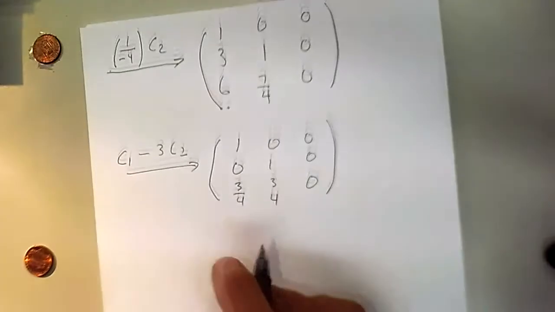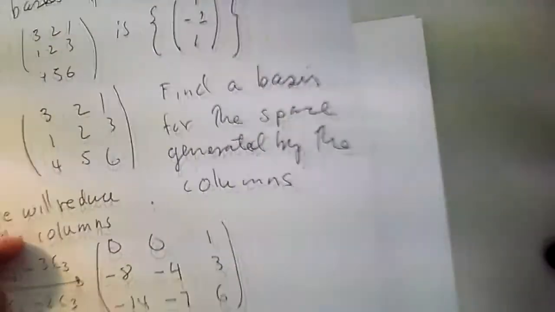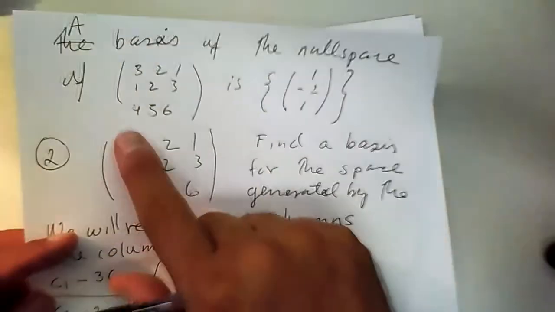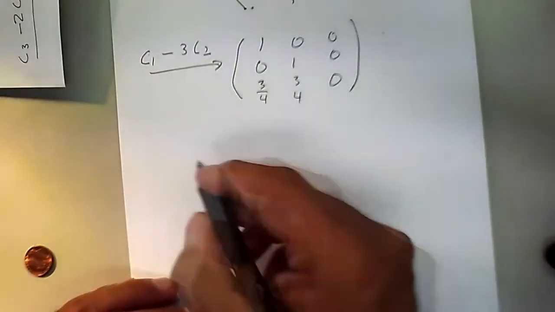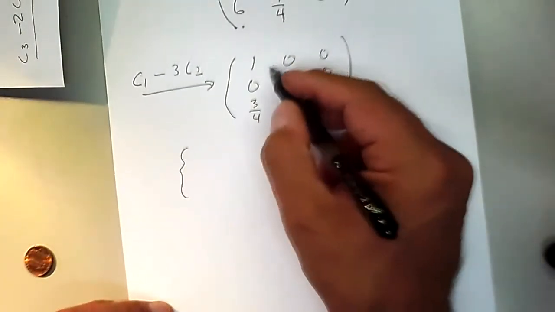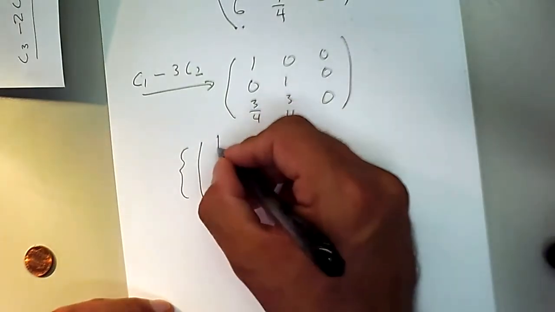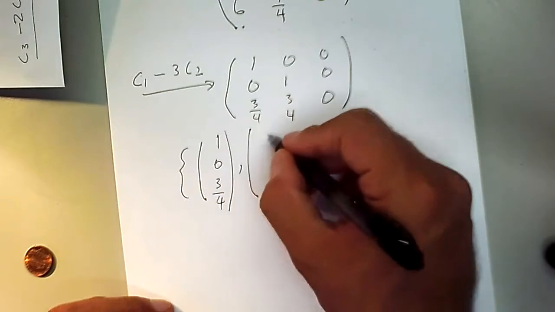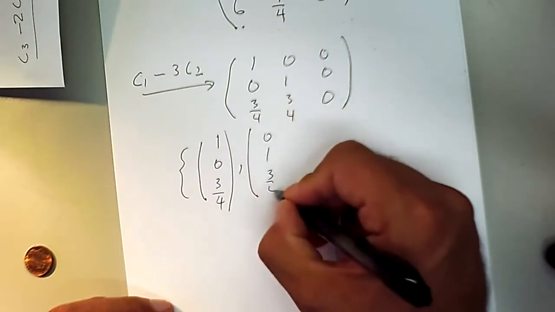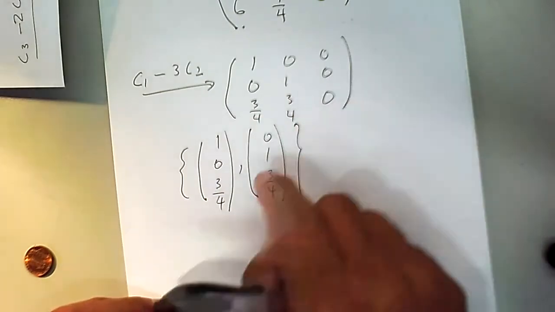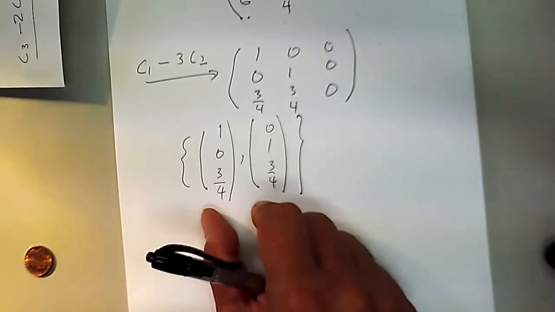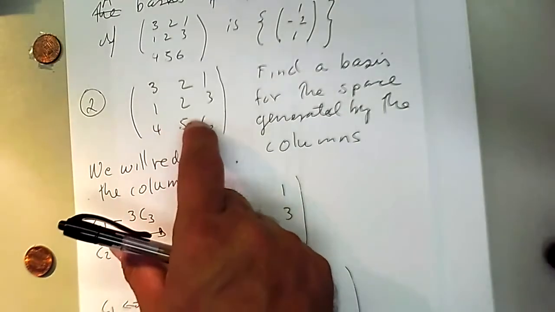So first, let me write down the answer, and then we can elaborate on why this is correct. The question at hand was to find a basis for the space generated by the columns. So the basis will be the 2 vectors 1, 0, 3 fourths, and 0, 1, 3 over 4. There. Those are the 2 nice elements that are going to generate the whole space generated by those 3 columns.